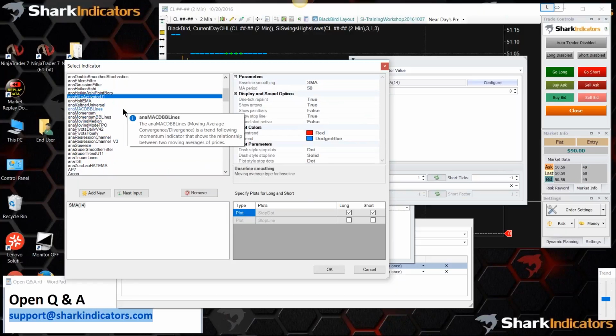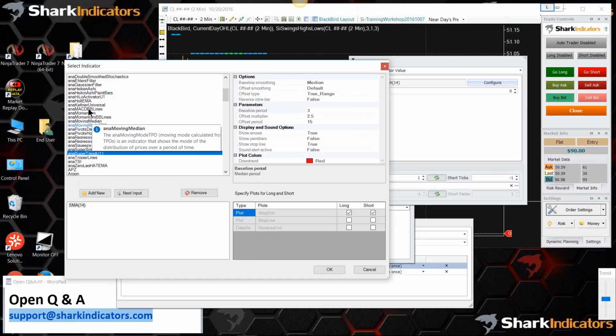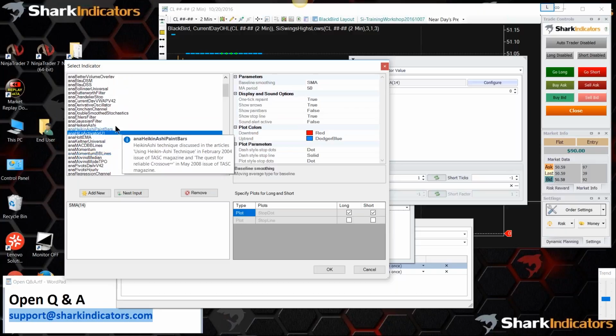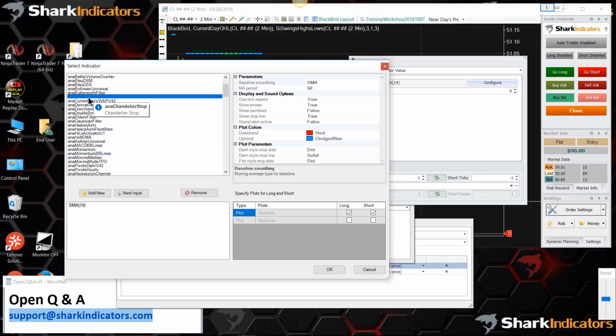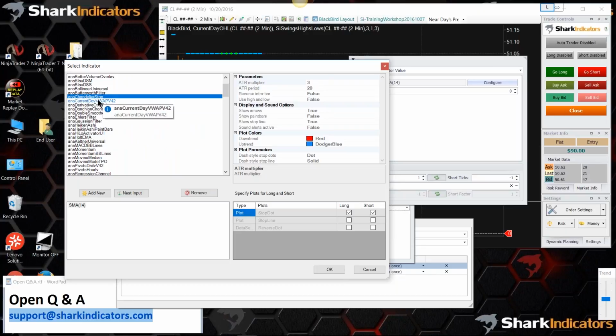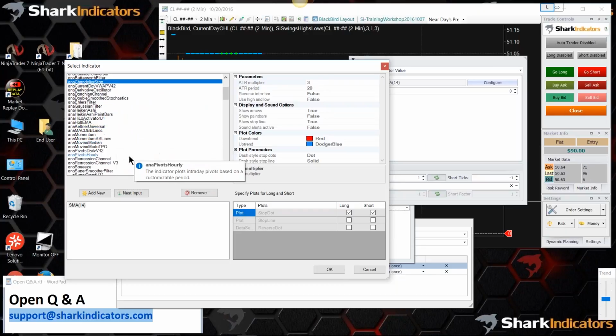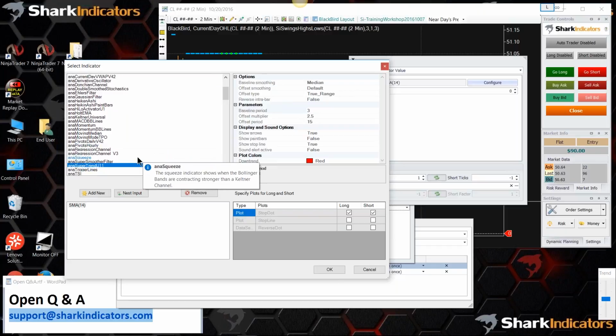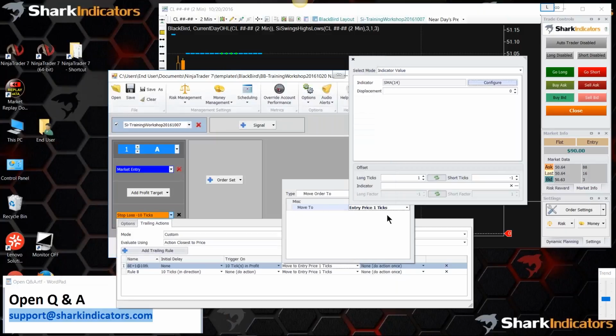Or the high-low activator, which, super trend and high-low activator, are kind of the same thing. There's also a chandelier stop. You can have your stop loss follow the chandelier stop. Once again, it's kind of like the ANA super trend, just different formulas there. So you could find some indicator that you want to set your stop loss to.